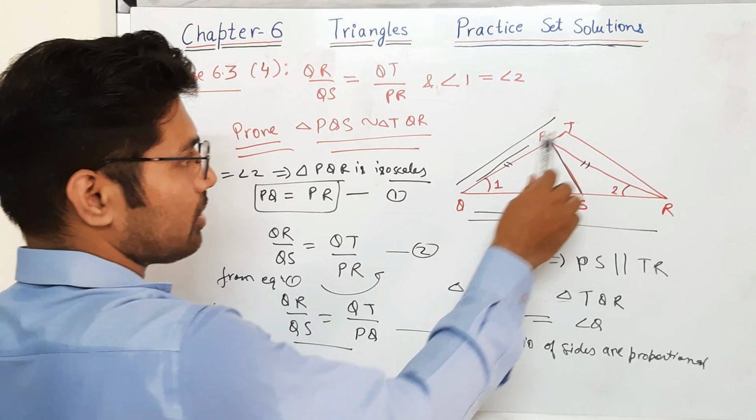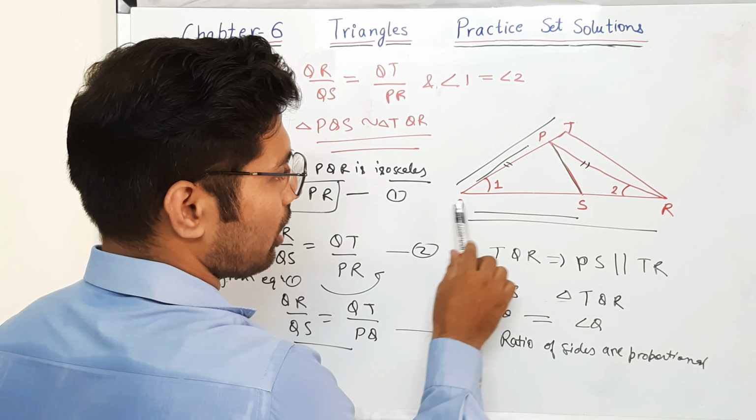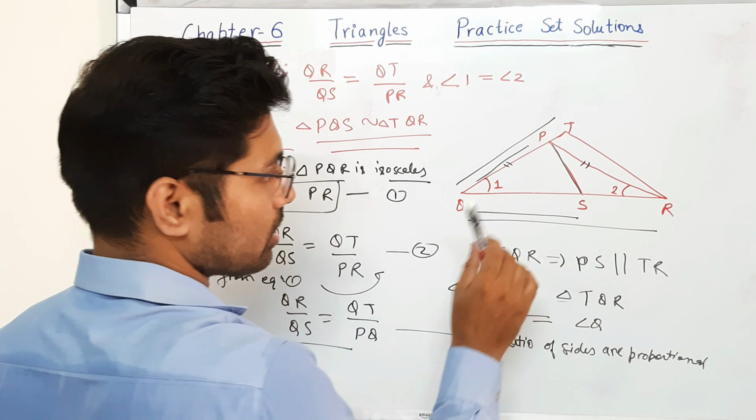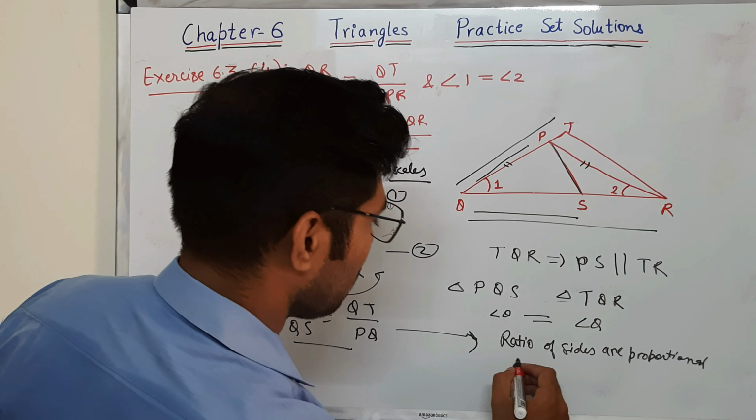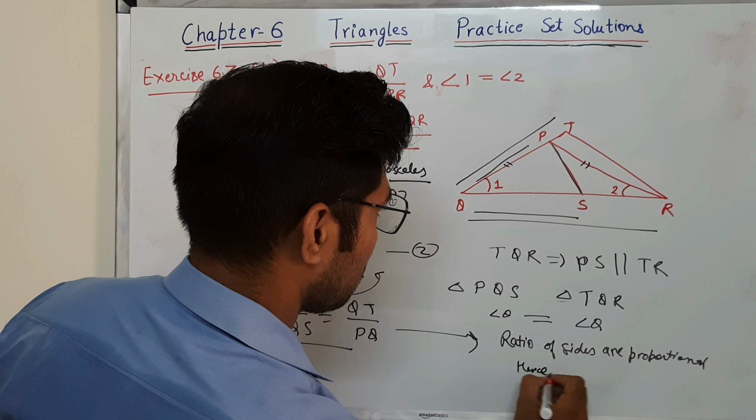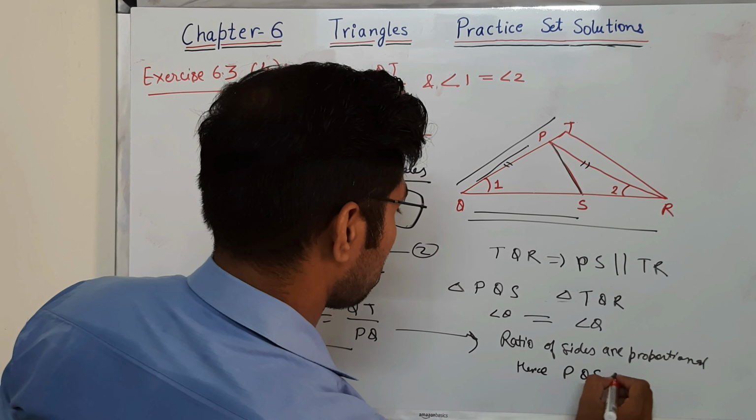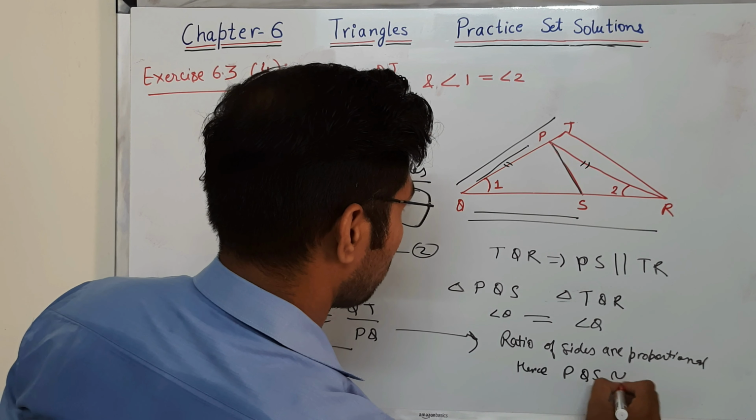You can see QR upon QS are also the same, and this angle is common, so these two triangles are similar. Hence triangle PQS is similar to triangle TQR.